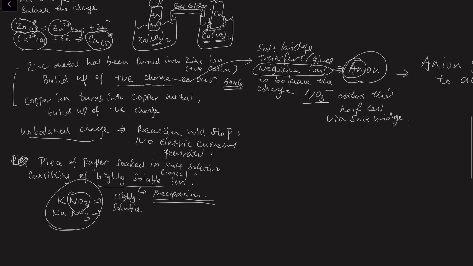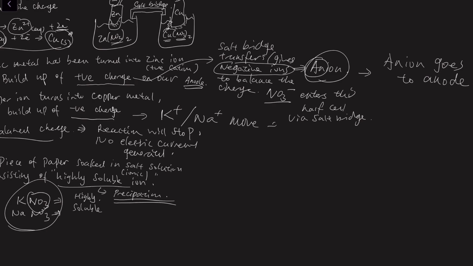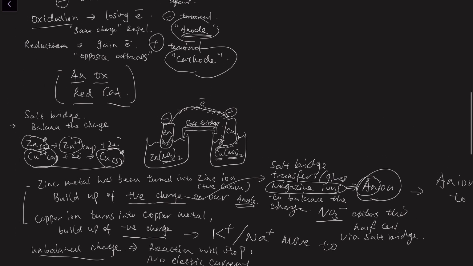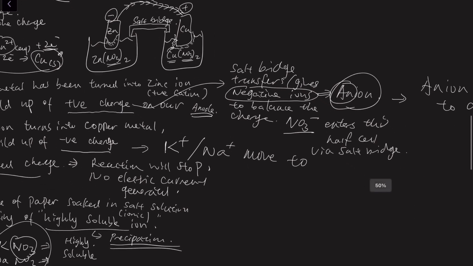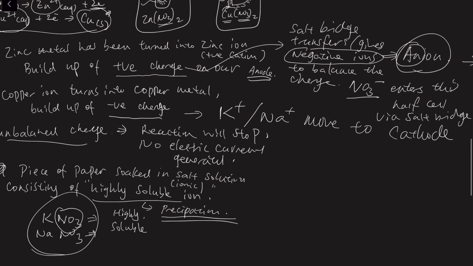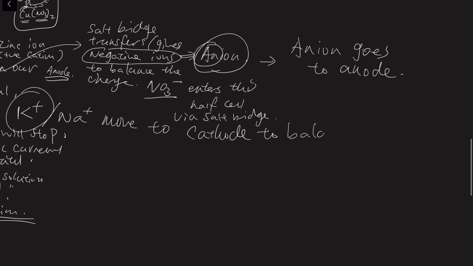Similarly, if you have a buildup of negative charge, potassium ions or sodium ions move to, remember what this site is called? The site of reduction is called the cathode. They move to the cathode. So you have lots of negative charge, so the positively charged ions move to the cathode to balance the charge. And what is a positive ion called?